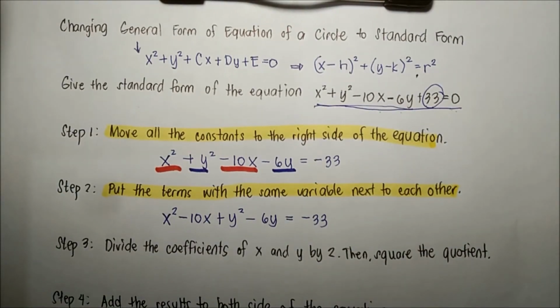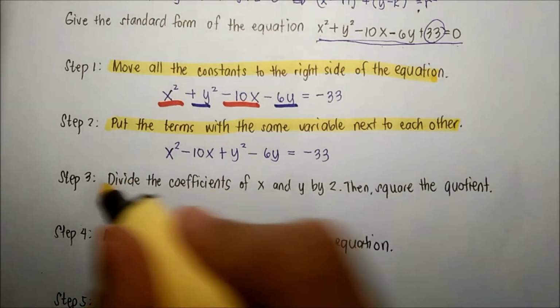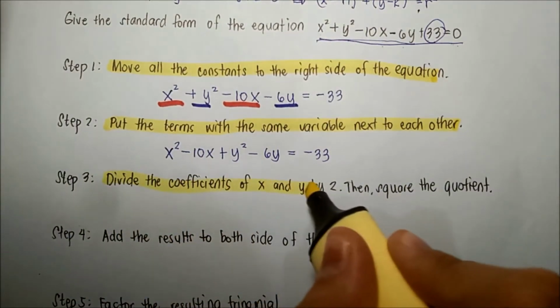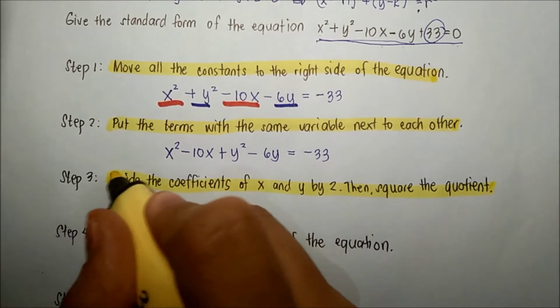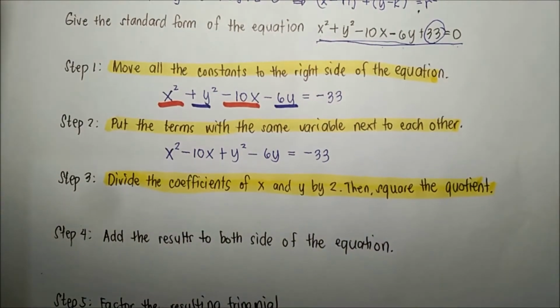Next thing that we're going to do is we will divide the coefficients of x and y by 2, and then we will square its quotient. So we will do it step by step. What are the coefficients of x and y?